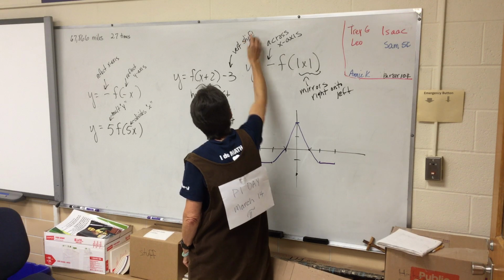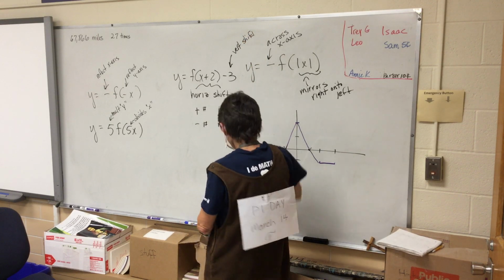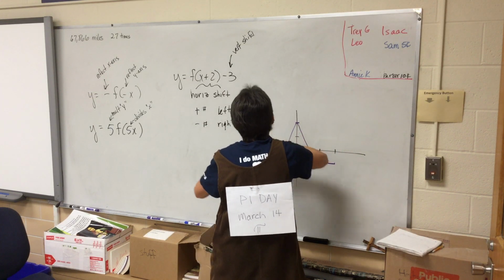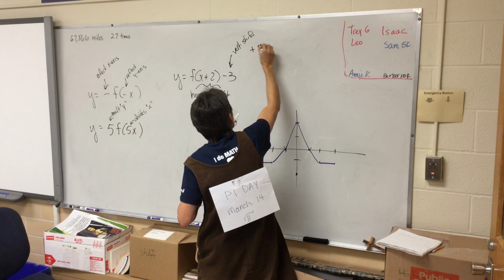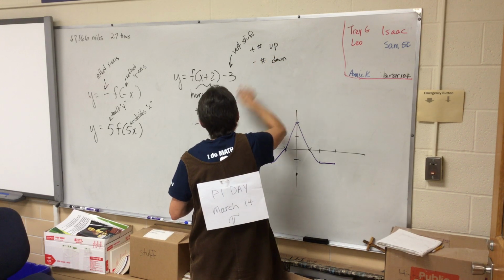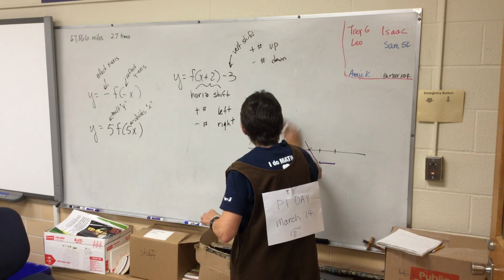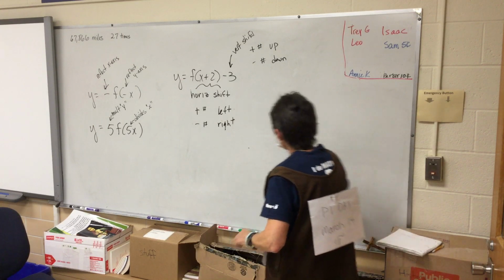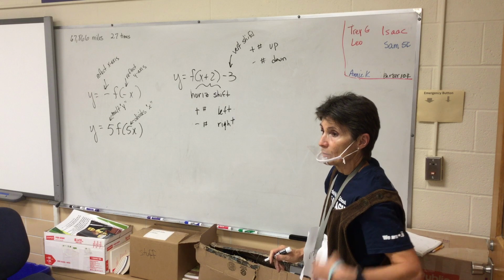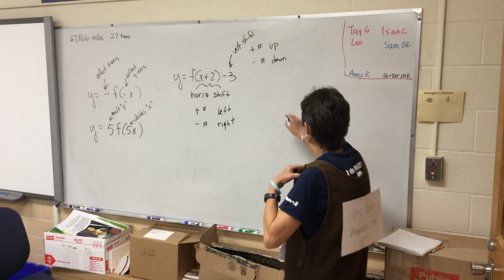That means up and down. And if it's a plus number, it goes up. And a minus number, it goes down. That one you already knew, I think. I hope I'm not confusing the issue. Okay, and then we've got the absolute values.